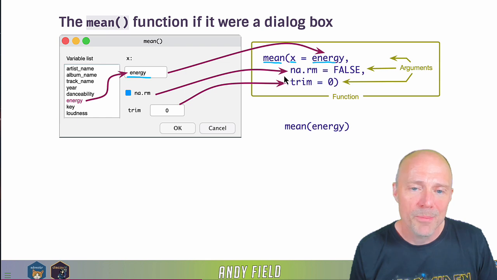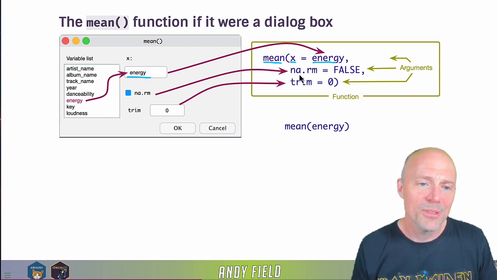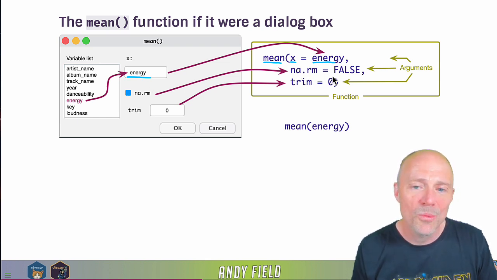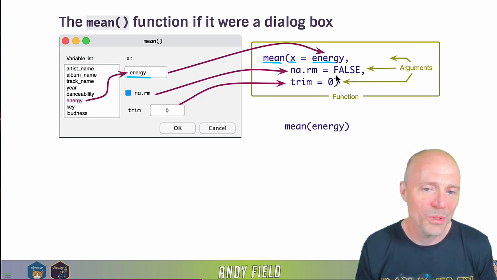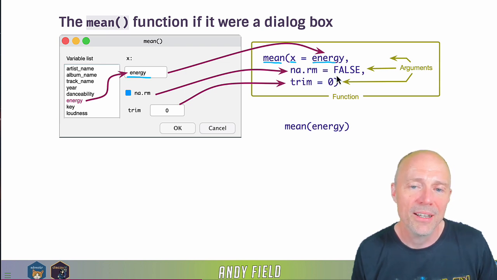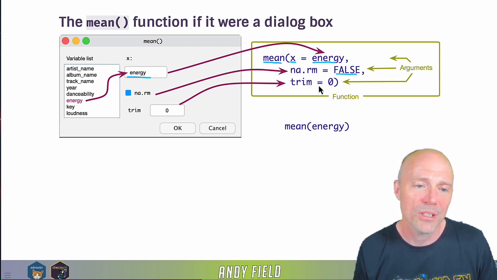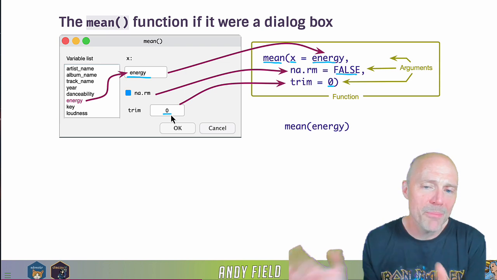Where we want to specify whether or not to remove missing values, instead of ticking a box, we either type true or false. In this case, we type false. In other words, we're not going to check the box. We don't want this to be true. So false is like unchecking the box. And with trim, we just set the value to be 0, just like if we typed it into here. So there's a kind of direct mapping.